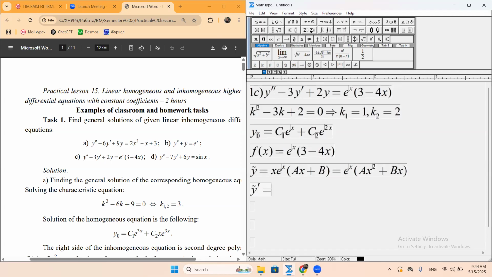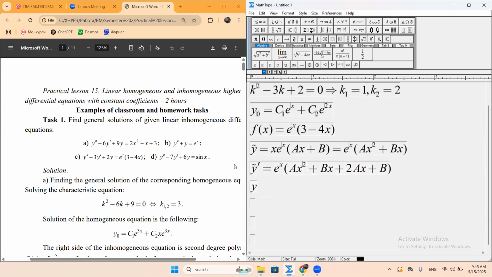And now let's differentiate this partial solution to substitute it into the initial equation. So y prime equals e to the power of x. Remember that it is the product of functions. So e to the power of x times the polynomial, plus, since we differentiated e to the power of x first, now differentiating the polynomial, 2ax plus b.